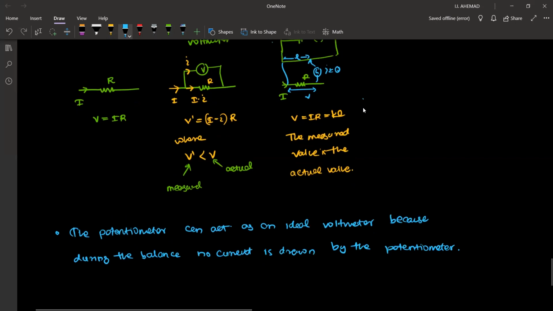Is it clear? From the circuit, okay? A voltmeter will draw current from the circuit, but the potentiometer doesn't draw current from the circuit.